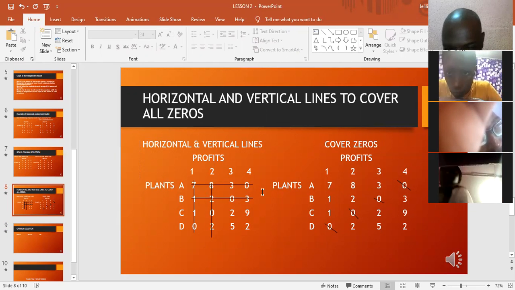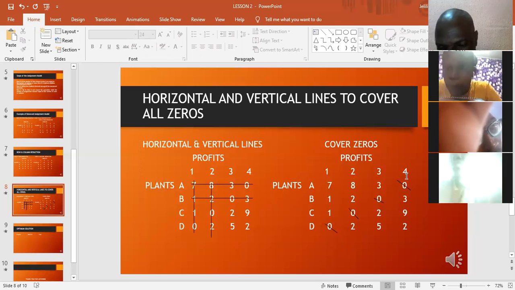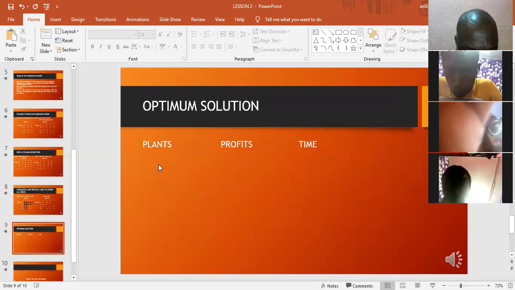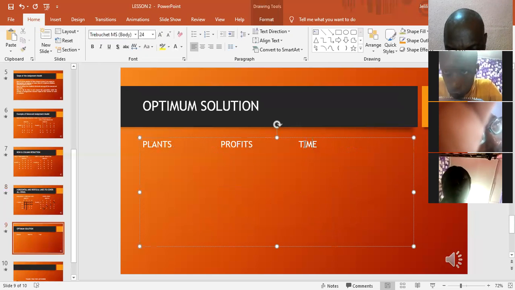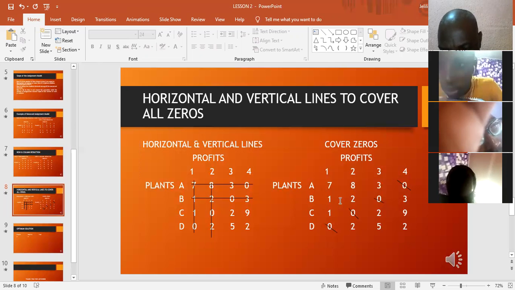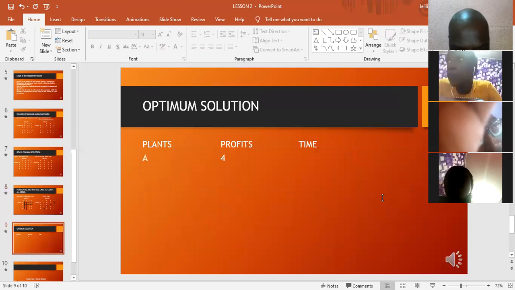Our optimal solution says all where we covered. So without taking the numbers, we covered plant A under what profit? 4. We covered plant A under profit 4. So we put plant A here. So we have A under profit 4. Let's look at the second one. We covered plant B under profit what? 3.